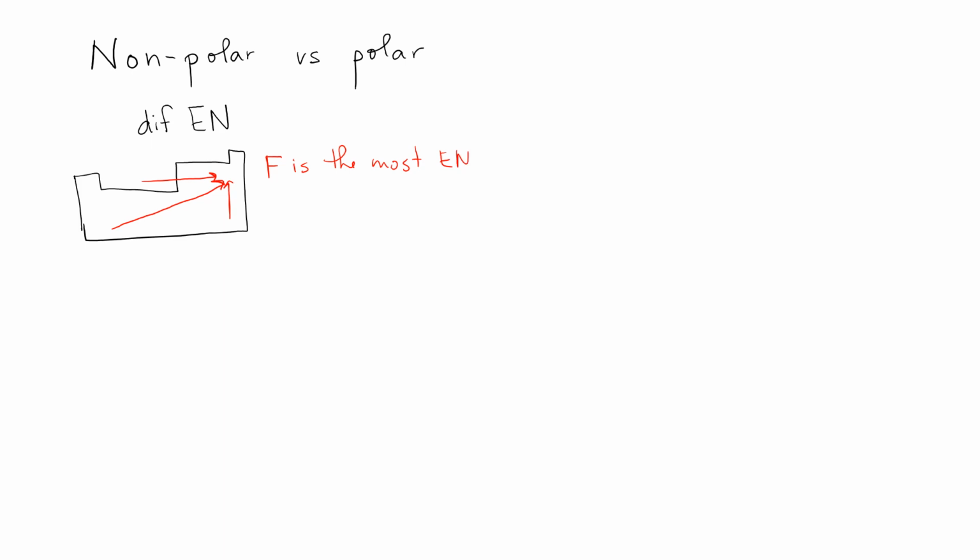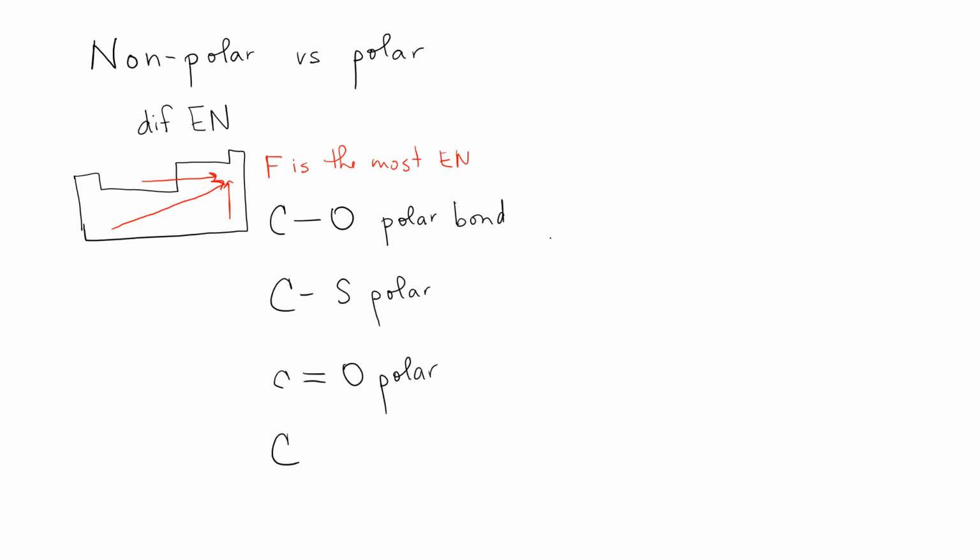Some other common things, particularly for organic chemistry: carbon and oxygen is absolutely a polar bond. Carbon sulfur is polar. Carbon double bond to oxygen, that's a polar bond. Carbon to any of the halogens, those are all polar bonds.